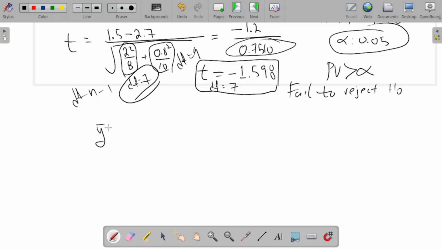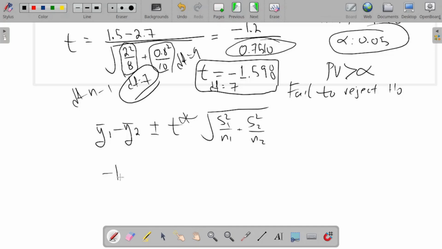So for this one, it'd be y bar 1 minus y bar 2, so that's the estimated difference of our two samples. And the standard error here is the one we just did, is s sub 1 squared over n sub 1, and then we have s sub 2 squared over n 2.